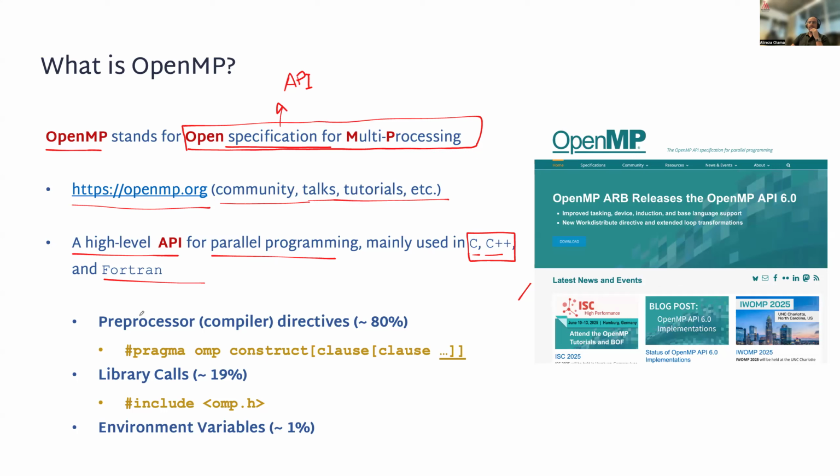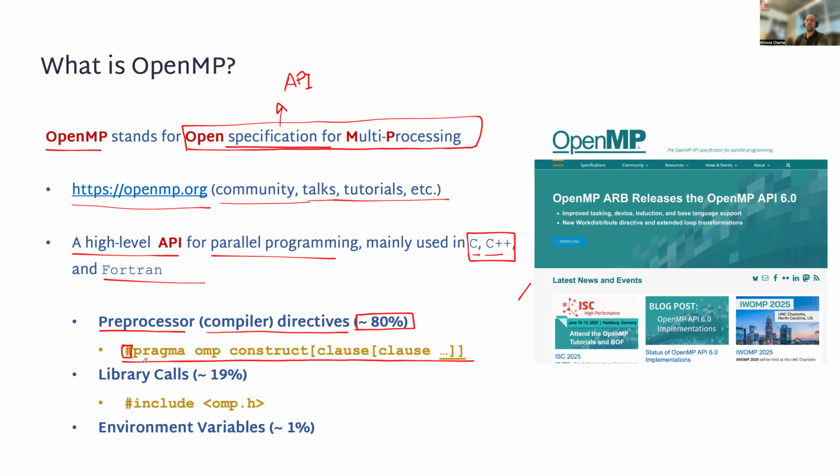But OpenMP is not like a normal library in C. Basically, 80% of your OpenMP program contains preprocessor or compiler directives, which you define by this hash symbol, right? So when you use OpenMP, you tell the compiler what kind of parallelism is in your program, and you guide the compiler to make your code parallel during the compilation process using these compiler directives.